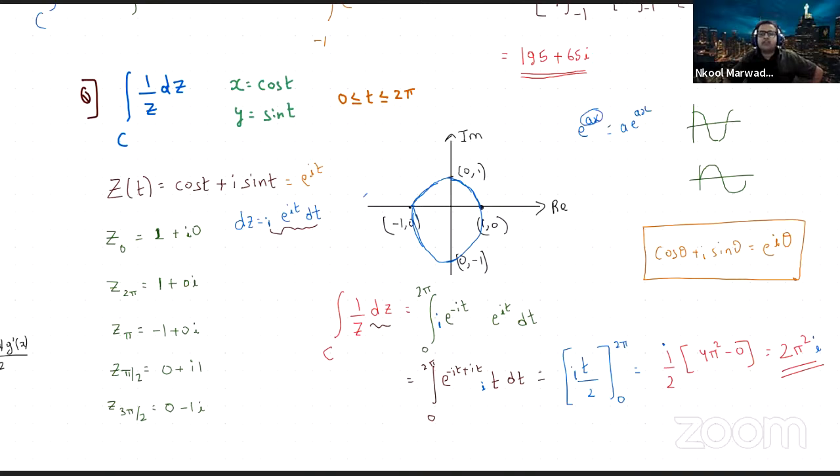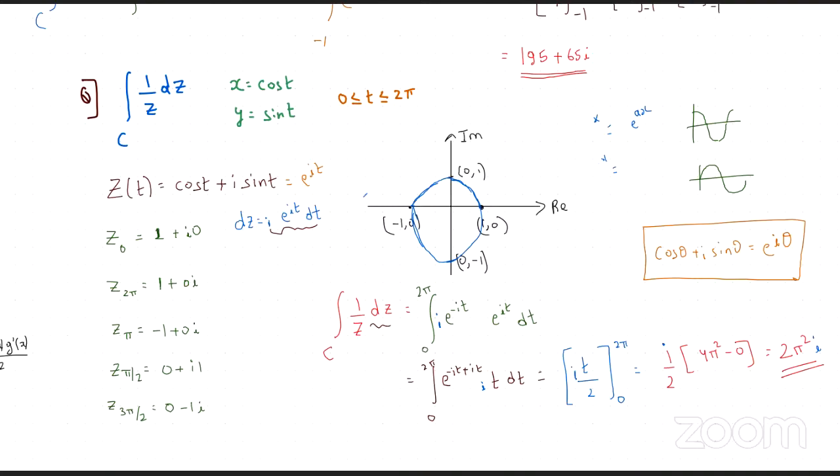First you differentiate the entire function, e to the power of ax itself, then you differentiate ax, and the differentiation of ax is a, because differentiation of x is 1. Similarly, for e to the power of it, first the entire function, then differentiating it with respect to t gives i, because differentiation of t is 1.